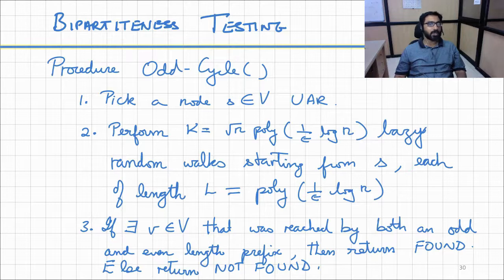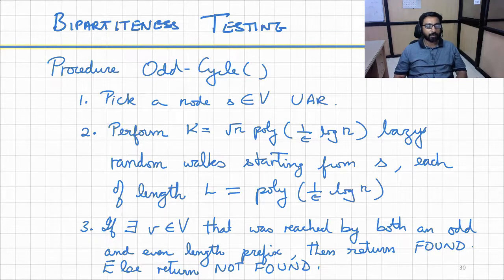We first pick a node S in the graph, and this node, let's say, is chosen uniformly at random. And now we perform some number of lazy random walks.